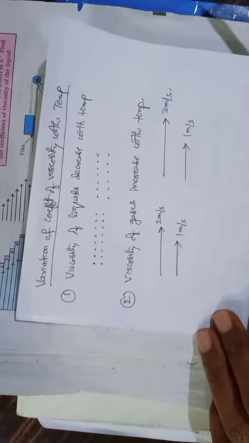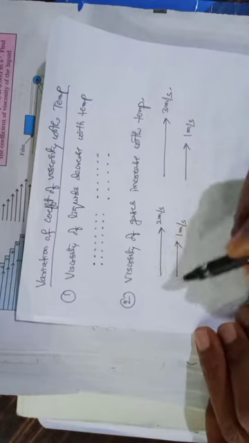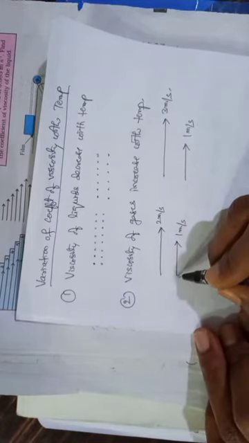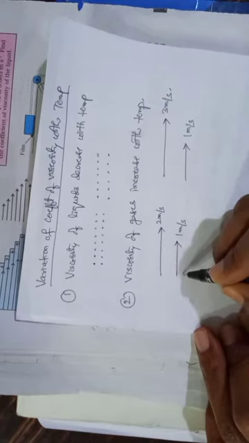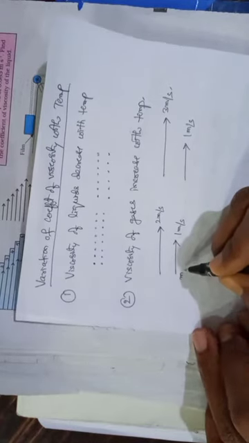Here, viscosity of gases increases with temperature. If temperature increases, viscosity of gases increases. The reason is, when temperature increases, see, this layer of fluid molecules will have some mass, say m, and its velocity v1.